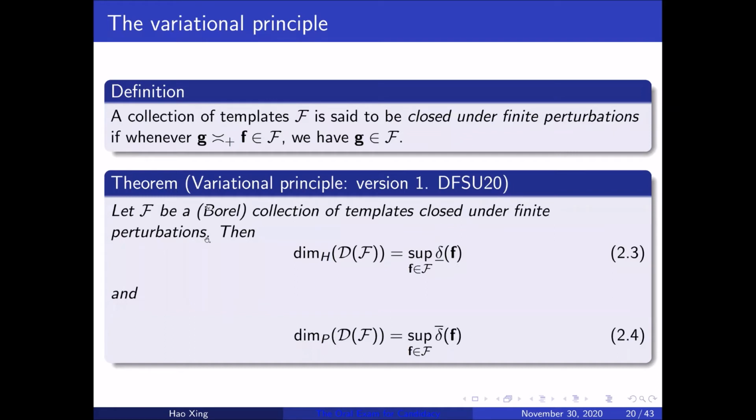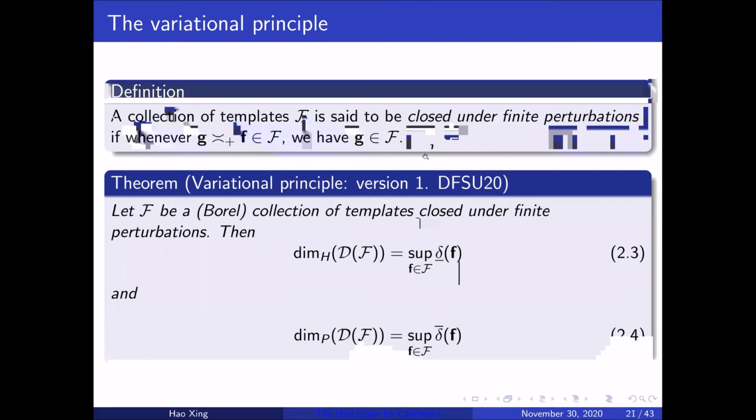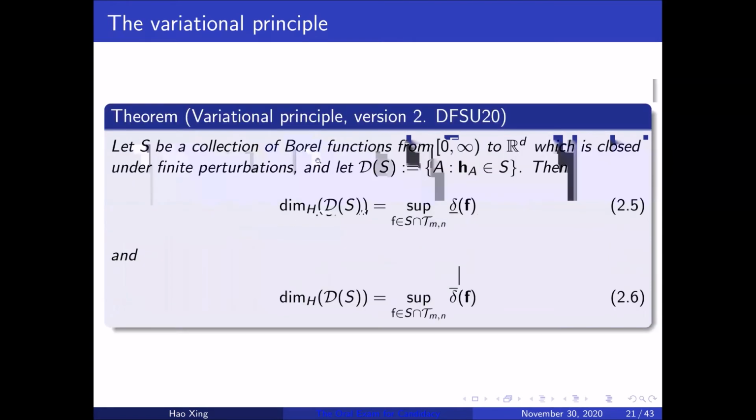Closed under finite perturbations. So given this definition here, then the dimension of the set of the matrices associated to the templates. Sorry, this is my mistake. I should say this first.